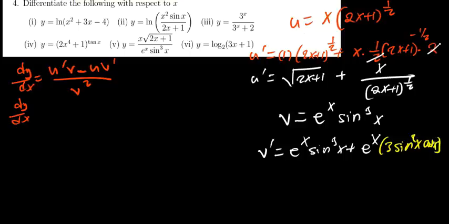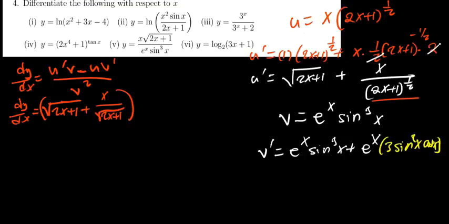Dy over dx goes like, what is my u prime? My u prime is the square root, I'll put it in brackets, square root of 2x plus 1 plus x divided by, again this is the same as putting it in the square root, square root of 2x plus 1. Then this is just u prime. What is v?